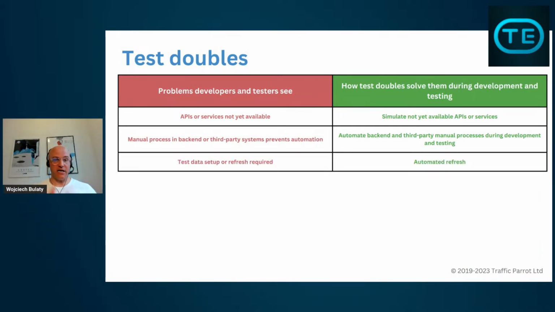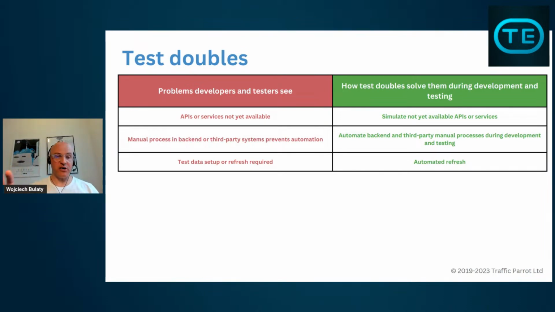Another problem you might see on a day-to-day basis that might be solved by test doubles is test data setup or refreshers required. This is typical for older systems, for example financial institutions, where you have to talk to a separate team who need to refresh the database in a legacy system so you can test your microservices against those services, or they need to set up new types of test data that's not in an environment yet.